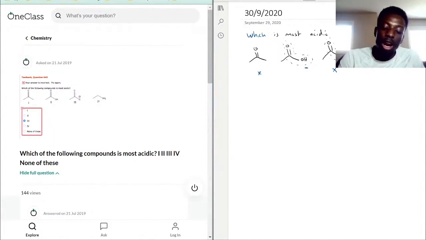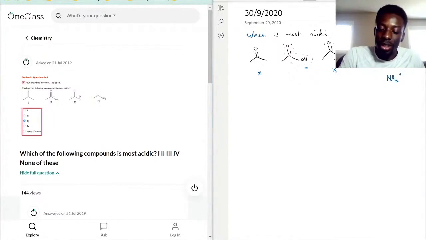Now, before we hop straight to the answer, NH2 actually works differently in terms of its hydrogen bonds, because instead of giving away a hydrogen, it prefers to take one. So what it prefers to go to is NH3 plus. I'm sure you've heard of it.